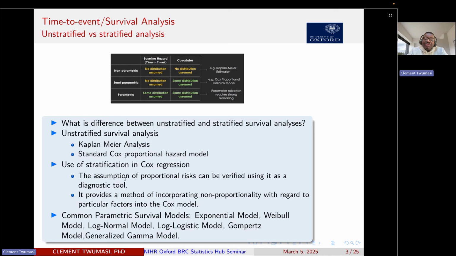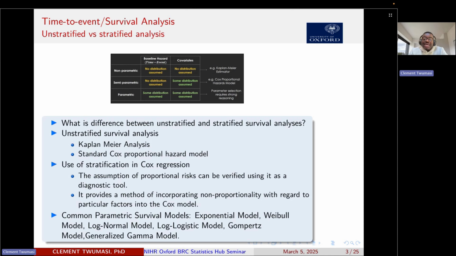So it means that we can have a stratified and an unstratified Cox proportional model. And for some common parametric survival models, although this presentation is not targeting much about the parametric models, and most clinical studies tend to use these non-parametric and semi-parametric models, there are certain parametric models you should be privy to or should be aware of. So we have the exponential models, the Weibull models, log normal models, and so on.